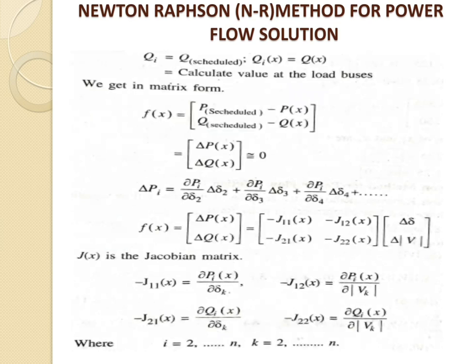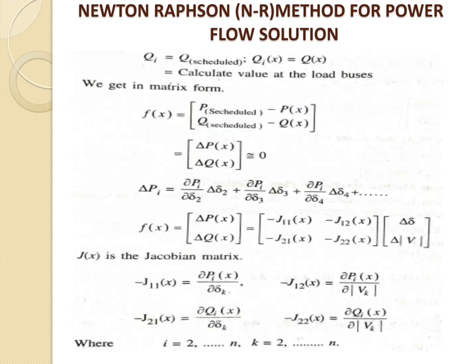Then we get the equation in matrix form. So we will write the equation f of x equal to P schedule minus PX, then Q schedule minus QX. In short, that is equal to delta of PX, the change in the active power, and change in the reactive power. So del PX and del QX, approximately we will assume equal to 0.